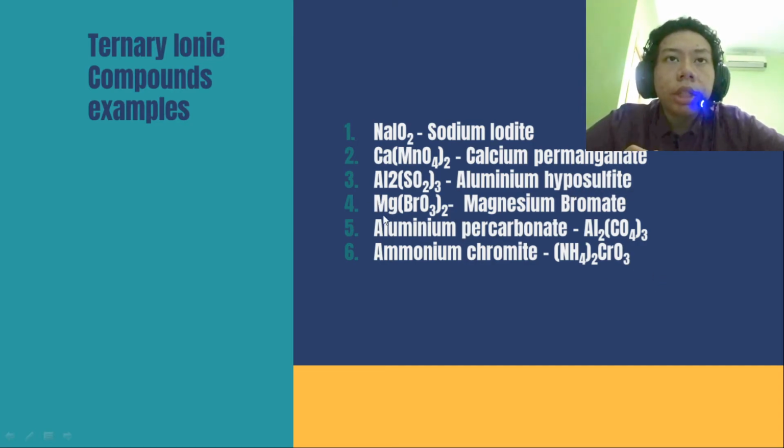Okay, the fourth question is Mg(BrO3)2. So Mg is magnesium, BrO3 is bromate from the word bromine.